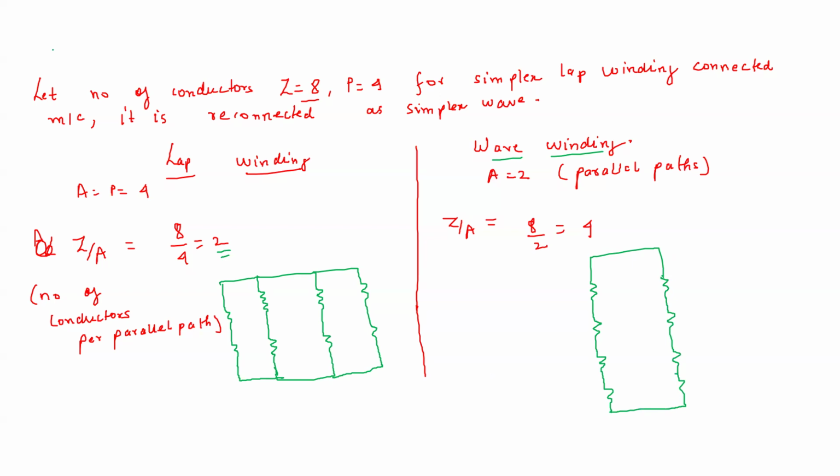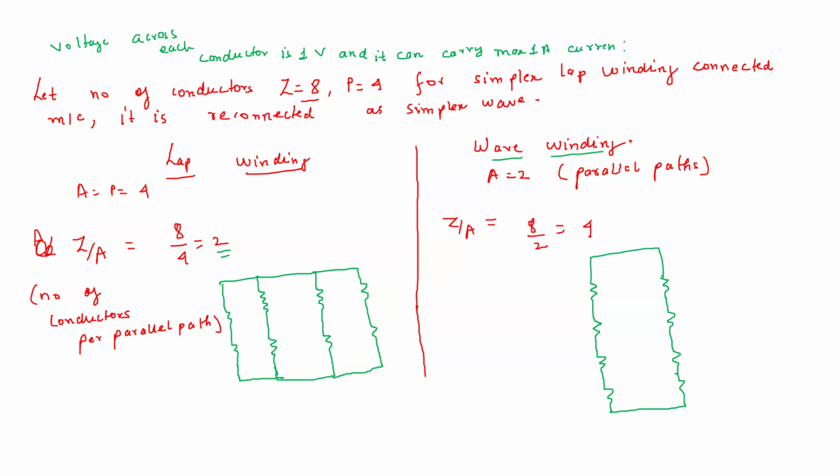Now let us suppose that each of these conductors carries 1 volt. Let us say in the question it is mentioned that the voltage across each conductor is 1 volt and it can carry a maximum of 1 ampere current.